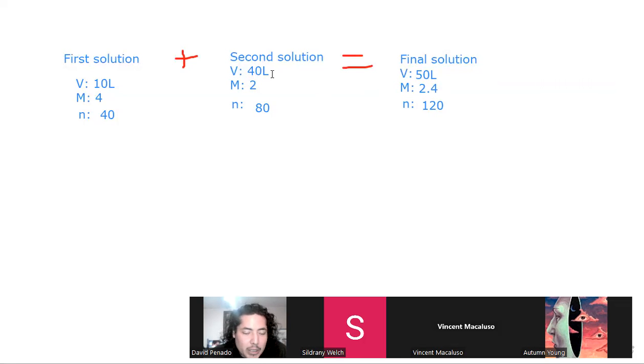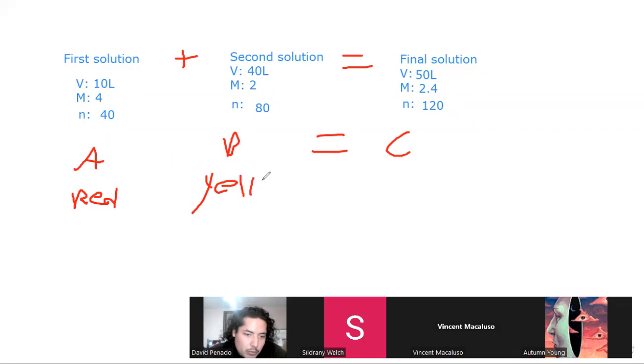That's basically what it's telling you: mixing A and mixing B to get C. This is color red, this is color yellow, to get orange.